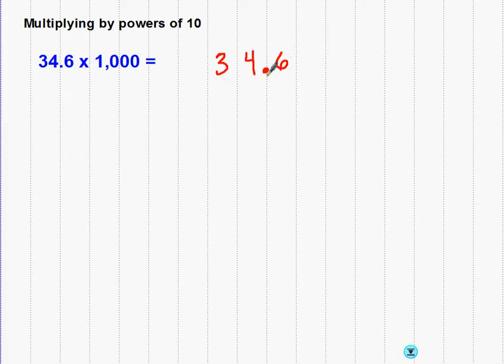And now I'm going to bunny hop my decimal 3 places to the right, and you'll notice this number is going to be a little bit different from what we did a while ago. We'll move it 1 place, then 2 places, and then 3 places. And we moved it 3 places because we have 3 zeros in 1,000, our power of 10 number.